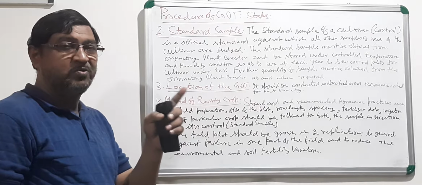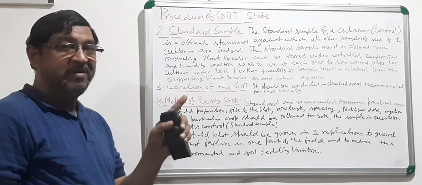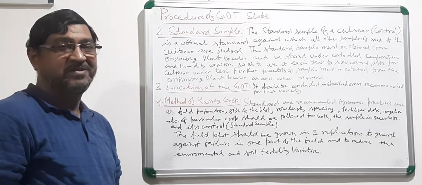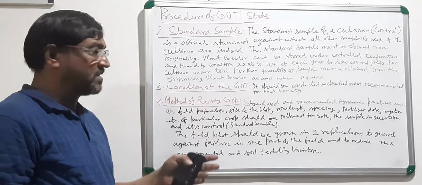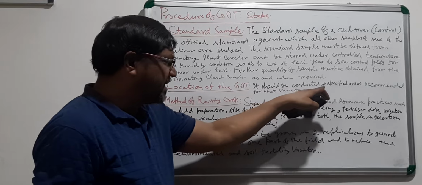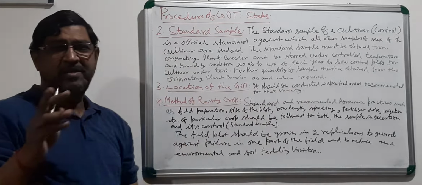So you have to use only that area for grow-out test. Otherwise, many more characters will be changed, differing in different environments. So it should be conducted in specified areas recommended for that variety.